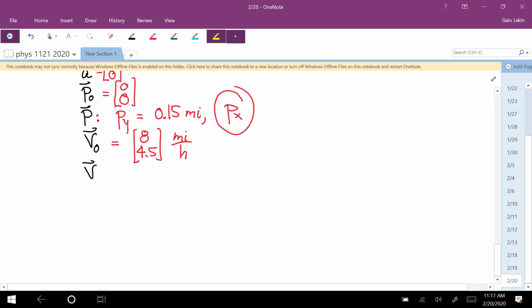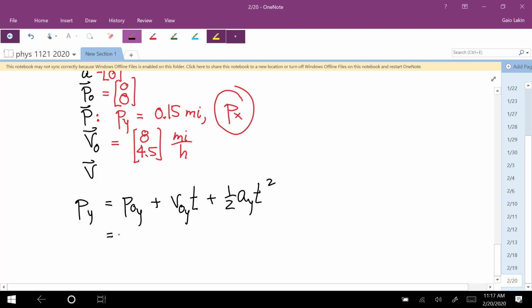Okay, so the way we're going to do this then is we'll say p_y is equal to p_0y plus v_0y t plus 1/2 a_y t squared. So that's 0 plus 4.5 t plus 0.